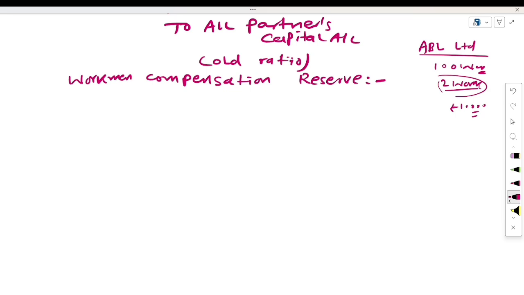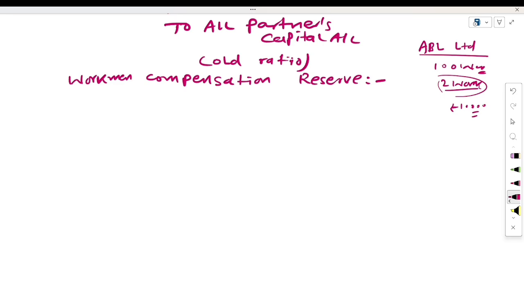So, if any worker demands a small amount in case of emergency, in case of any unexpected circumstances, he comes to you and demands, boss, please give me 10,000, 20,000.